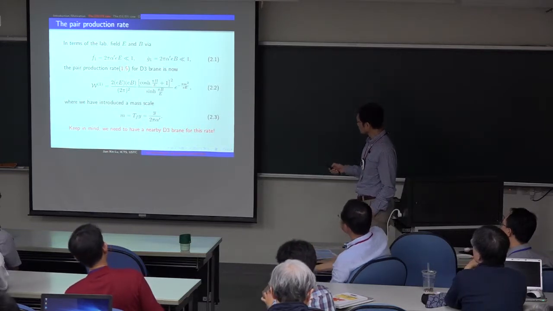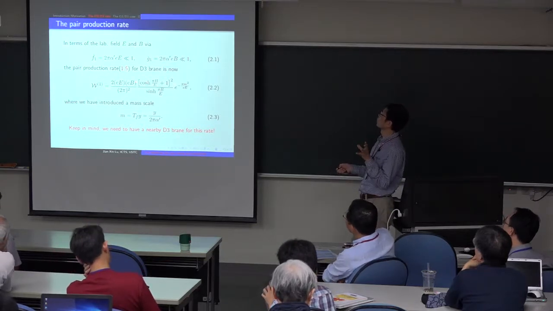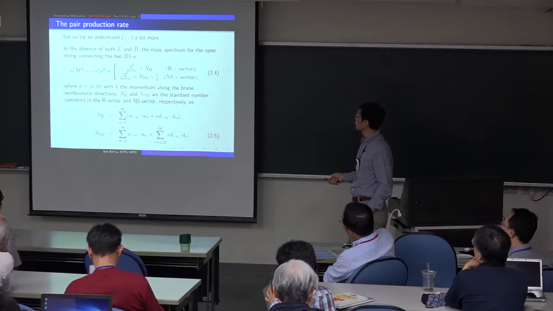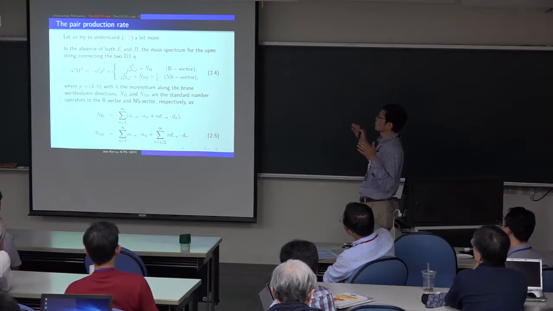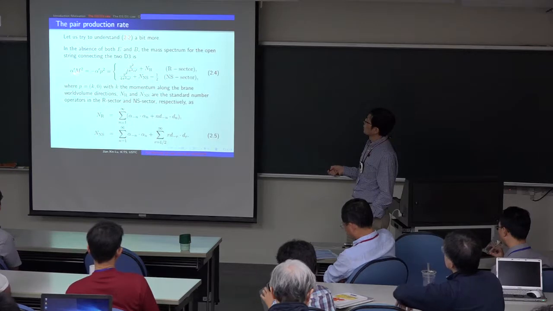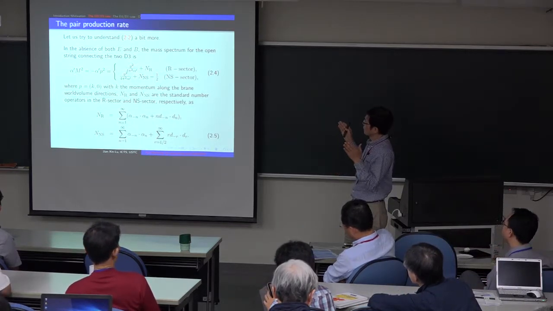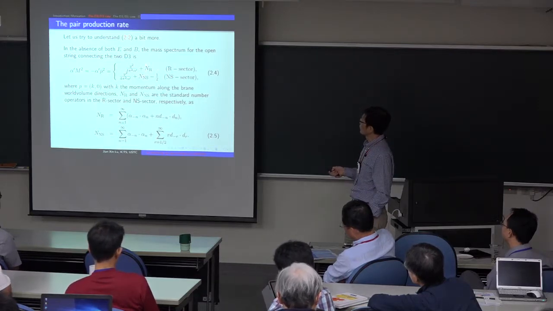Now we try to explain which modes contribute to this pair production rate. For this, we first turn off the electromagnetic field. So we now consider two separated D-branes connected by open strings. The spectrum is given by the lowest mass, the string length times the separation, plus the number operator.